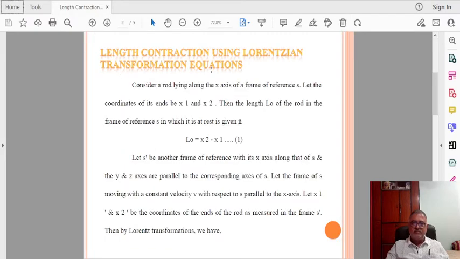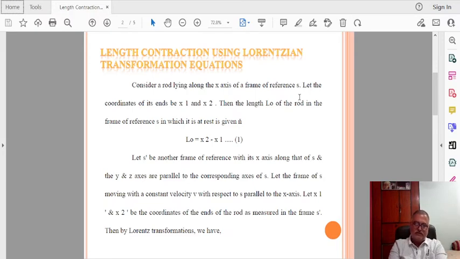Length contraction using Lorentz transformation equation. For this purpose, here we are considering a rod which is lying along the x-axis of frame of reference S. See, now we are familiar with frame of references, the axis x, y, z, the time t.